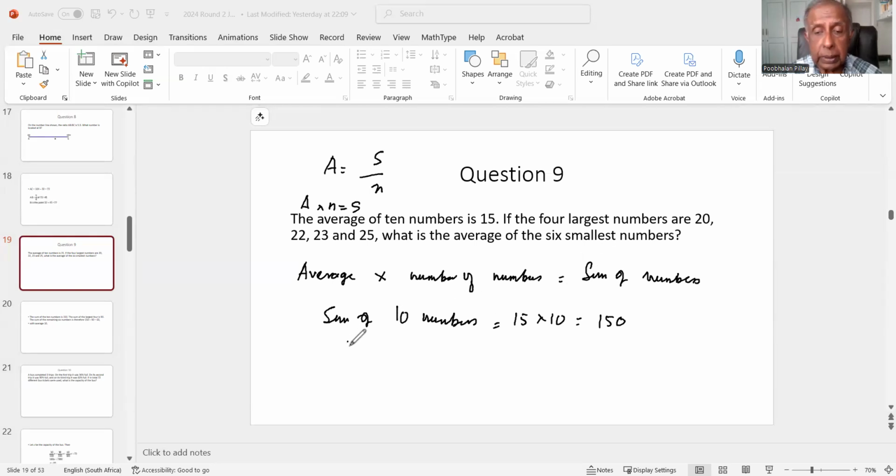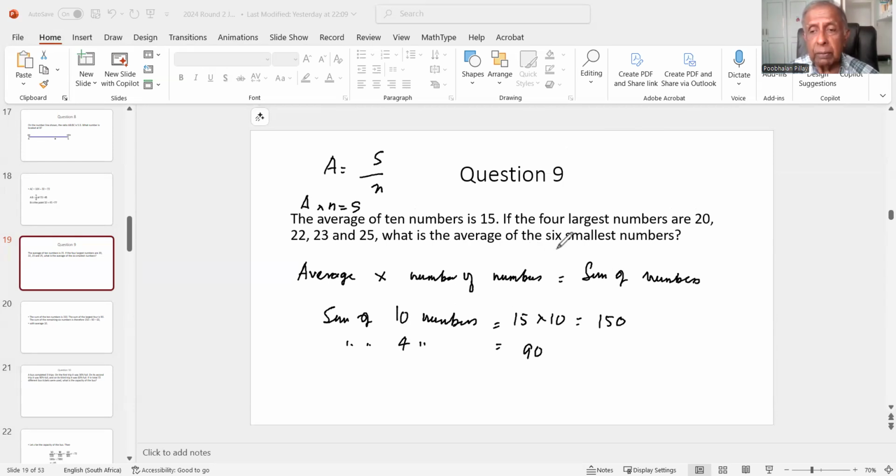The sum of the 4 largest numbers, right? We can see it's 4. So just add up all these things here. You get 45, 70, 90. Yeah, it's 90. The sum of those 4 numbers is 90.